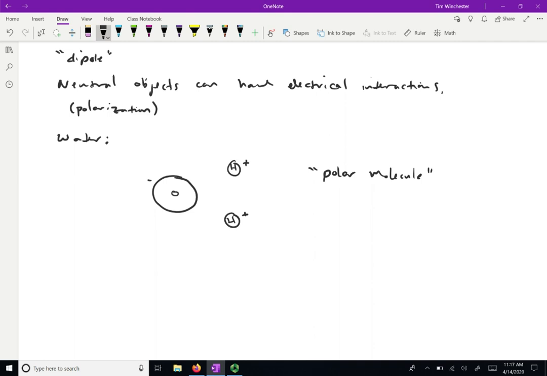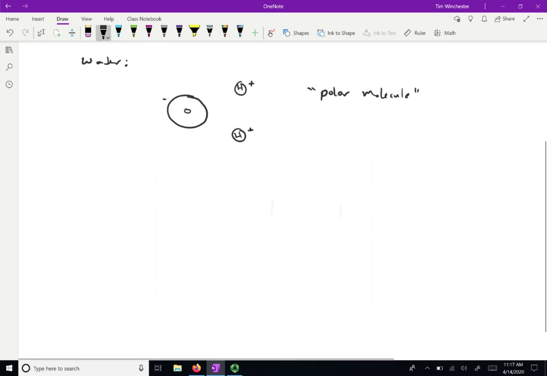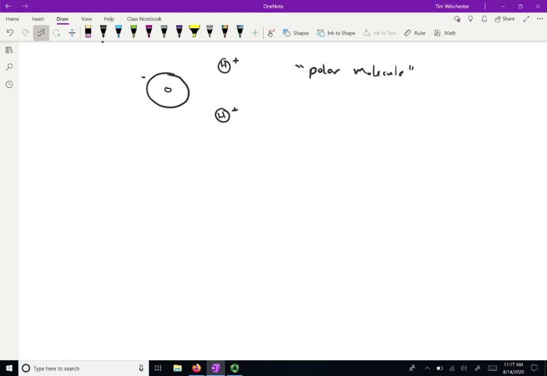So what I want to consider then, back to our more ideal dipole, is how does that dipole interact? What sorts of behaviors does it undergo? First, let's consider the force on a dipole in an electric field.